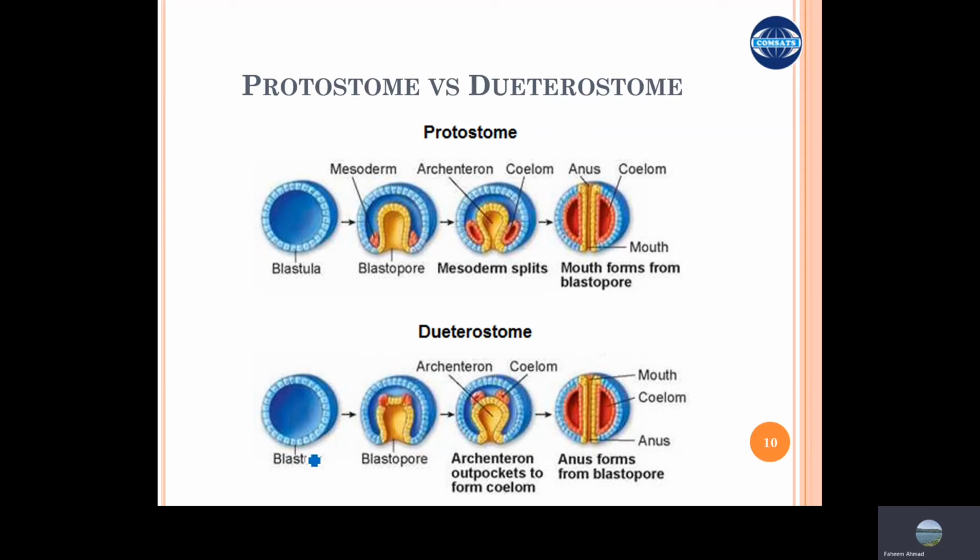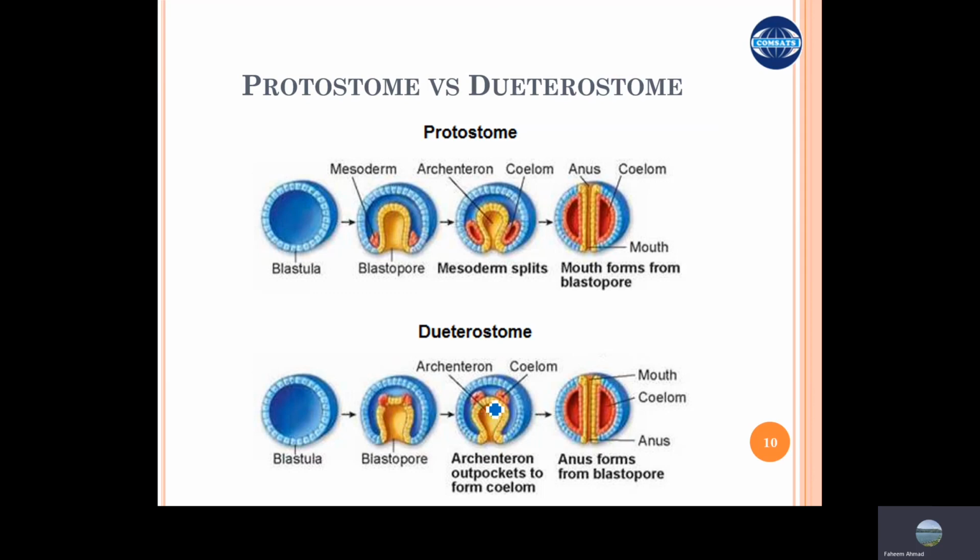In the deuterostomic development, something is different. The blastula is similar in both types of development, but after the blastopore formation and archenteron formation, the cells from the endoderm do not split from it. Rather, they just differentiate as mesodermal cells, and start growing and making a cavity while they are still part of the endoderm.